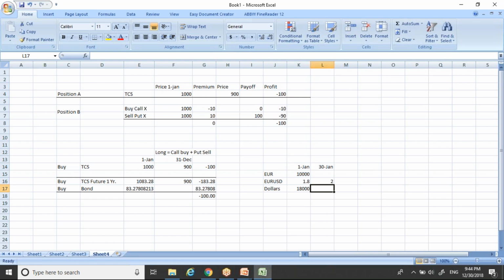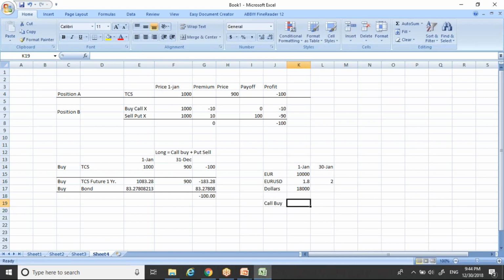So instead of taking a future, you go for a call option. If the price goes up, you exercise the option and you gain from the call option. And if the price goes down, you don't exercise it. So in this situation, you go for a call option.